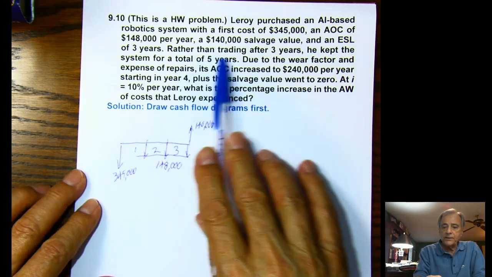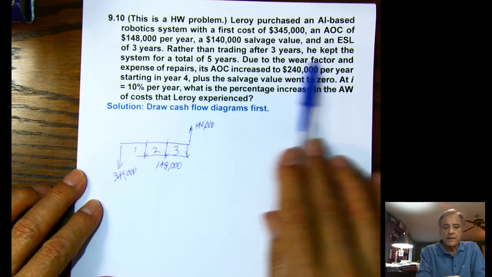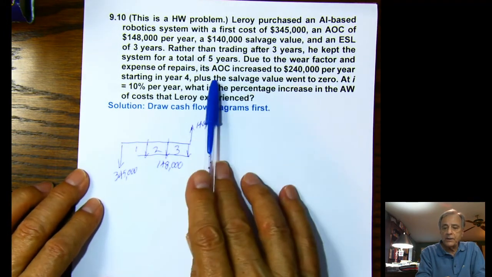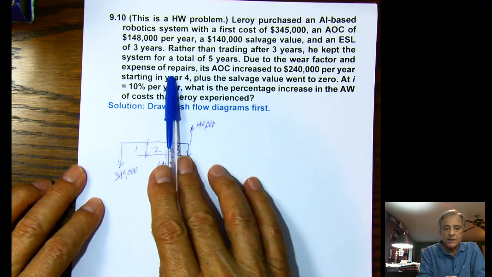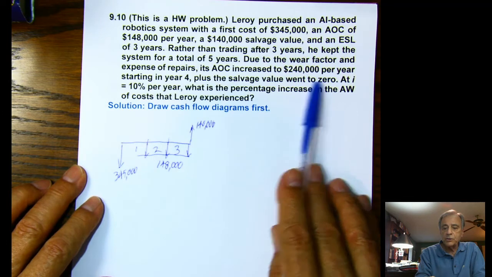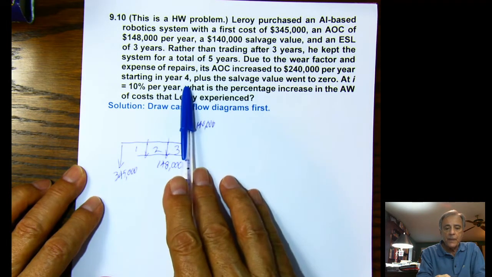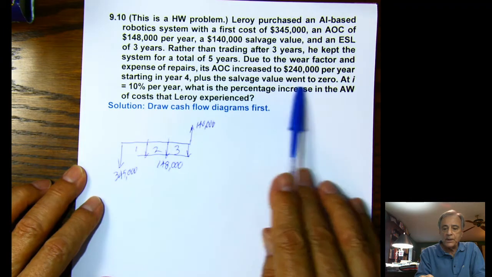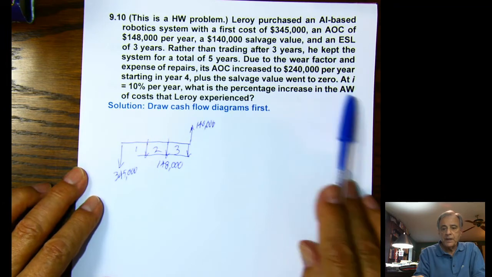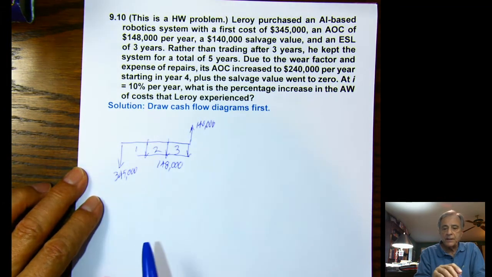Then he says, rather than trading after 3 years, he kept the system for a total of 5 years. Due to the wear factor and expenses of repairs, the annual operating costs increased to $240,000 per year in year 4, plus the salvage value went to 0 at an interest rate of 10%.